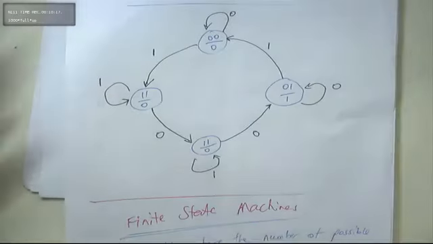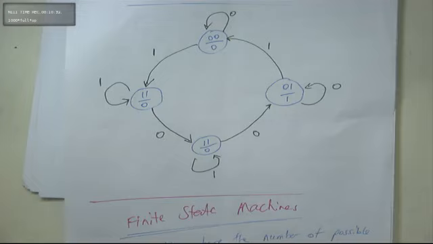Like, have a look at it over here. This is a finite state machine. Why? Because there are 4 states. There's only a limited number of states. Not flip-flops. We're not counting the number of flip-flops.